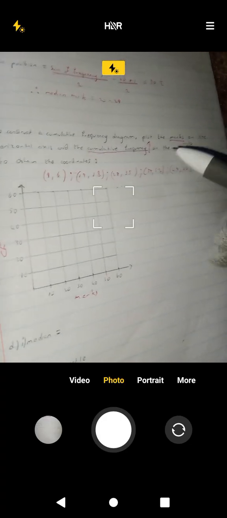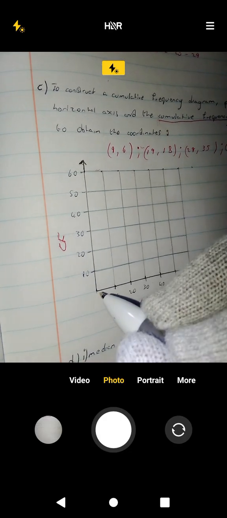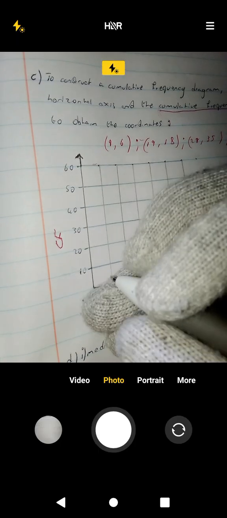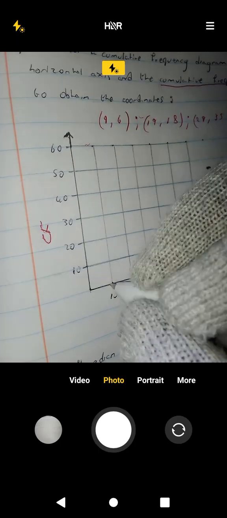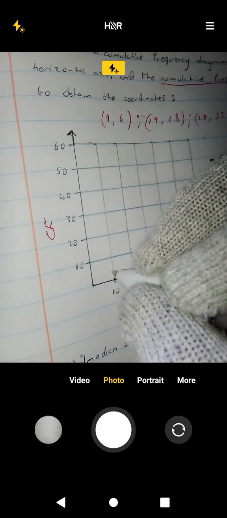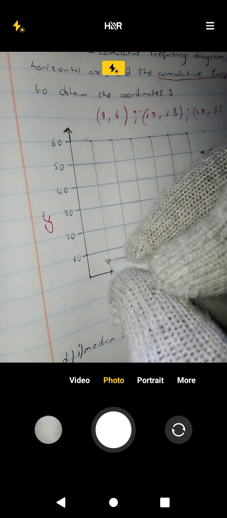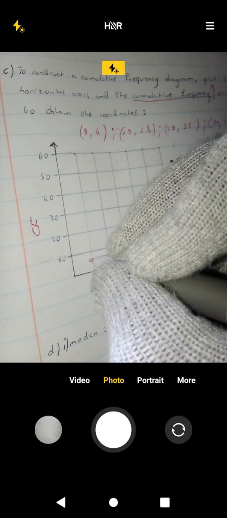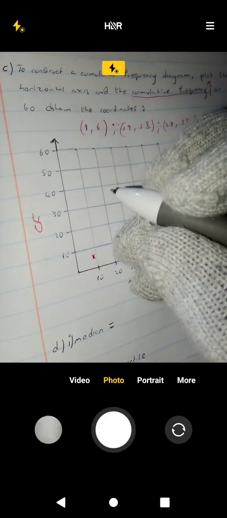So let's now plot our points, which shall be 9,6. 9 shall be approximately close to 10, and then 6 shall be just above the half, which means our 9,6 should be right about here, and we can make a small cross.